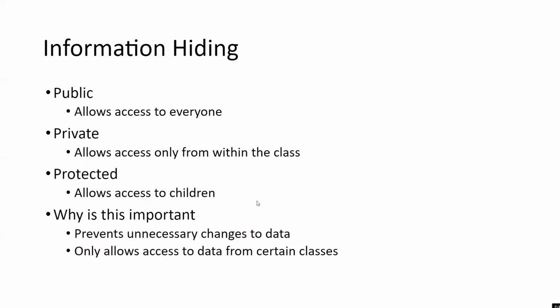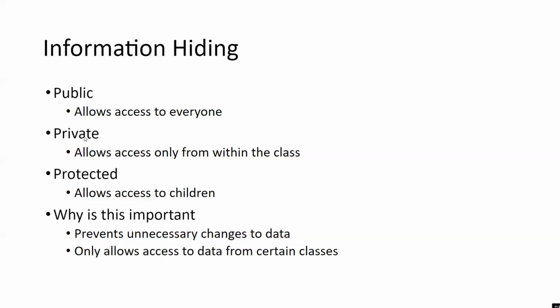And why is this important? Well, like I said, it prevents unnecessary changes to data. So when it's public, anybody can just put whatever they want for the value of a variable or function. They can even put corrupted data there, which would be a bad thing. It would cause errors and cause your programs to crash and stuff like that.